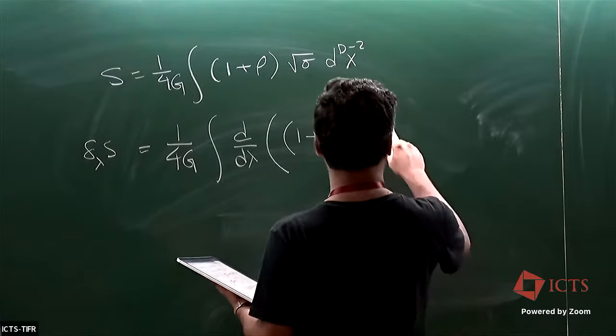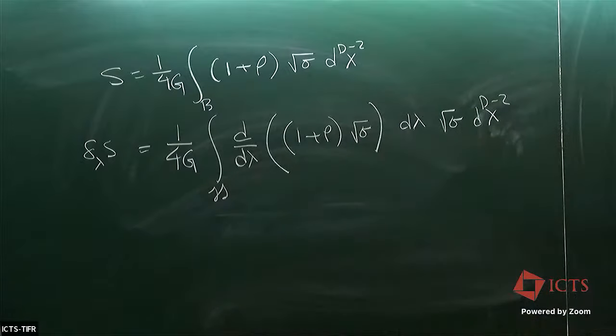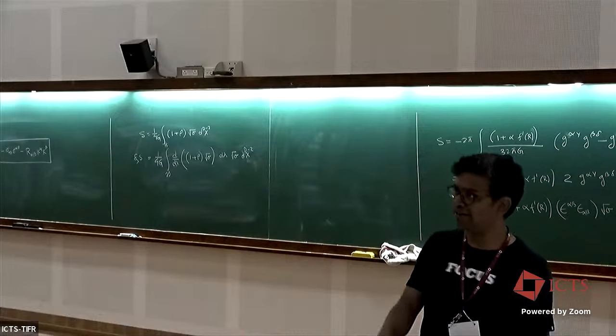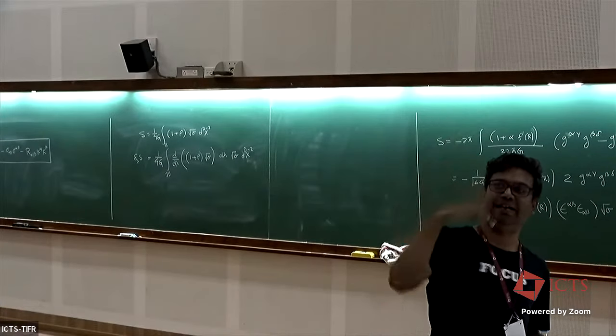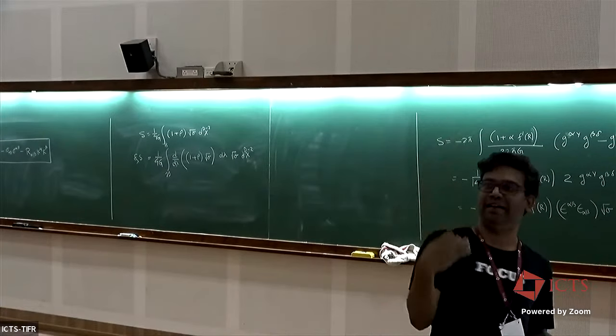Now the integration. Earlier the integration was over a cross section. Now the integration is over a portion of the horizon. So the first integration was over a (d-2)-dimensional surface. I integrate between lambda equal to 1 and lambda equal to 2, and I get an integration over a portion of the horizon. Clear?